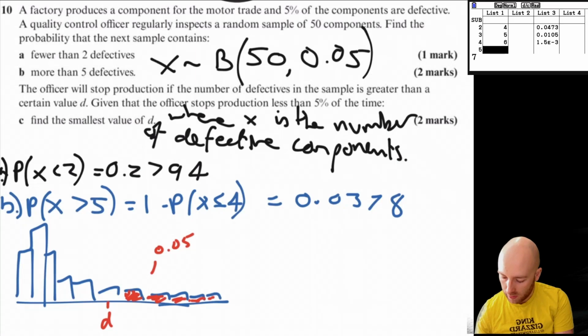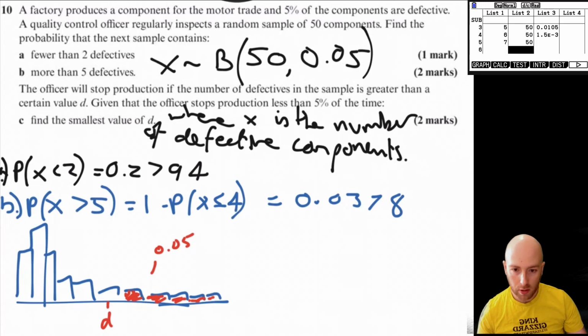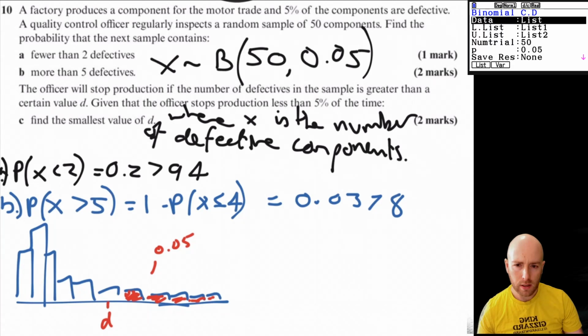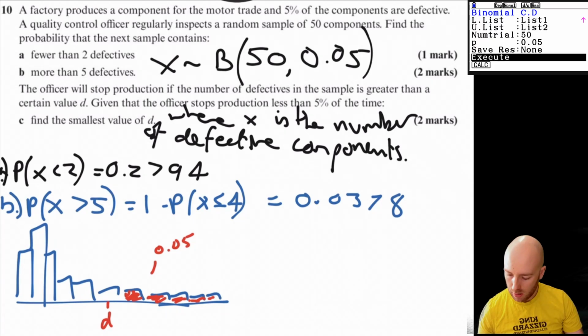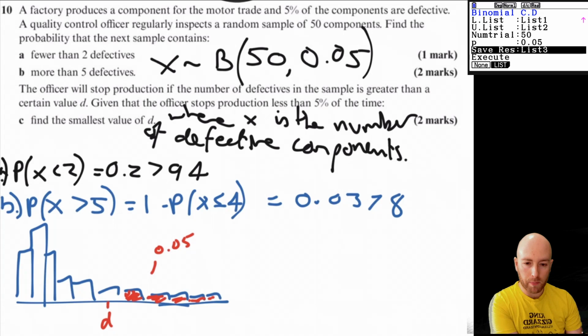And we know 50 is our top value. Alright, and we're going to go distribution, binomial, BCD. Yep, everything's there. Save results list 3. And let's do it. And if we go back, there we go.